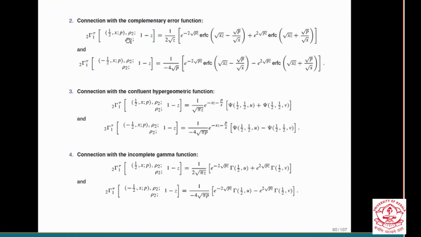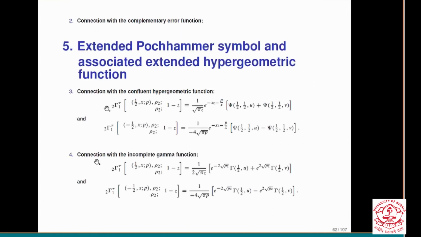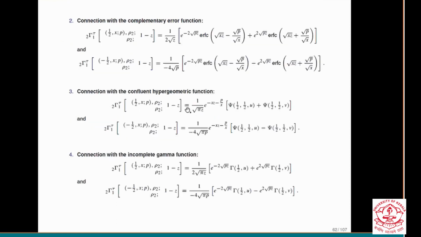So this is given by this one, and similarly this one. Connection with the confluent hypergeometric function, and this is the confluent hypergeometric function. Clear? These two.